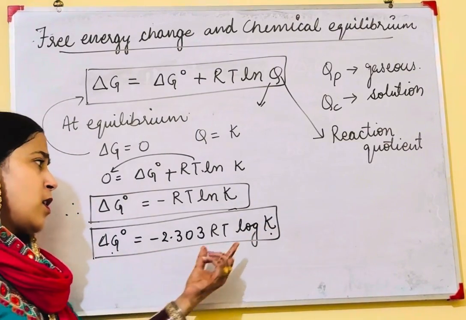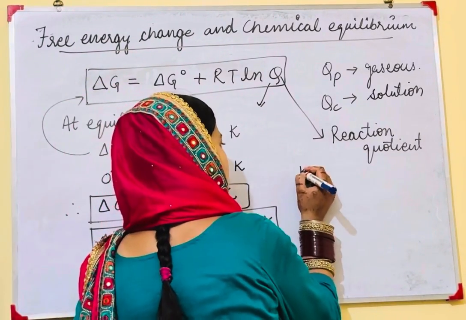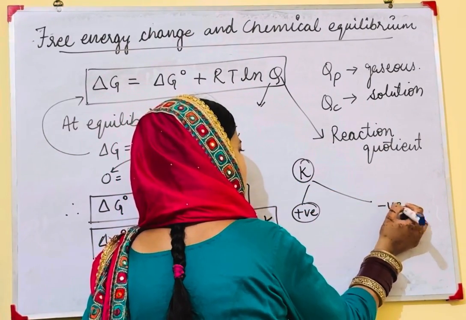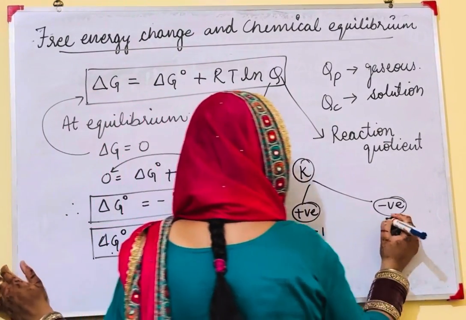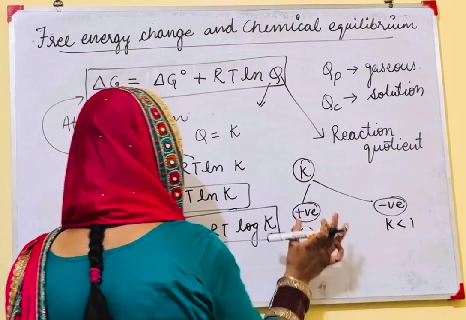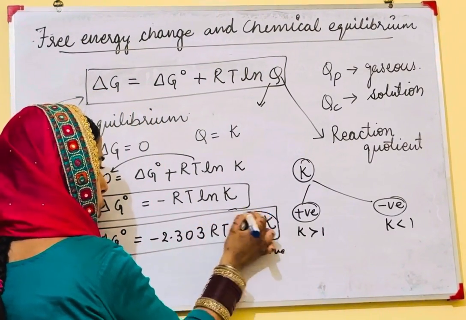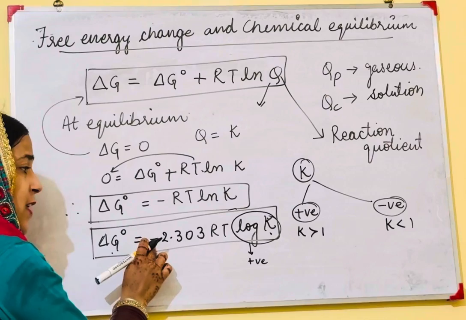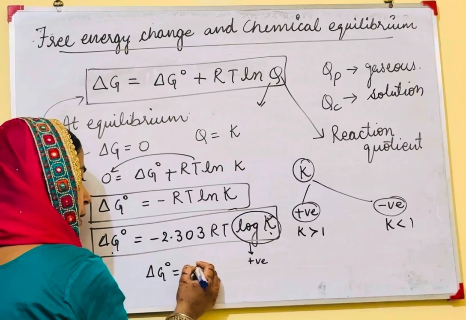Now we will decide the spontaneity on the basis of this K value. There are two possibilities: the K value is positive or the K value is negative. This means K value positive means greater than 1, K value negative means less than 1. If this K value is positive, this whole expression will be positive. Here is the negative sign, plus into minus, so delta G naught will become negative.